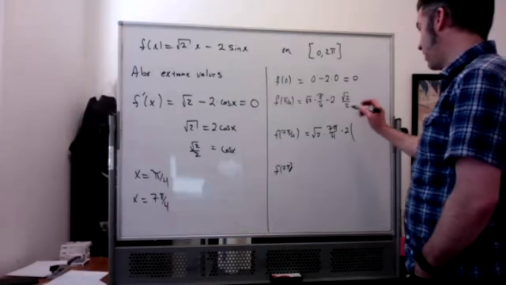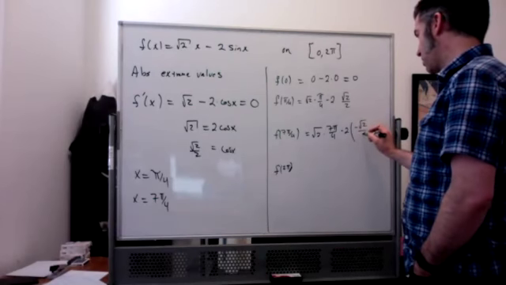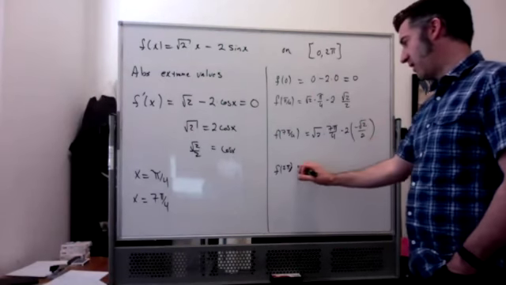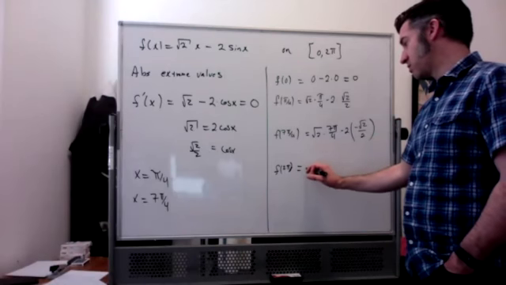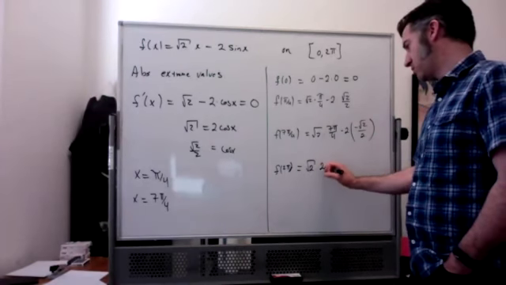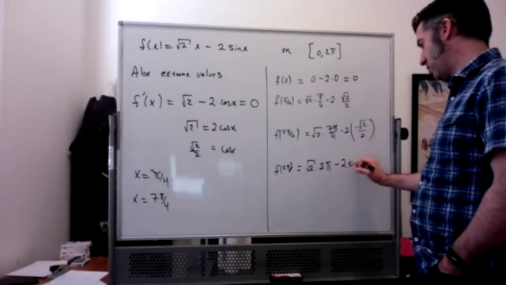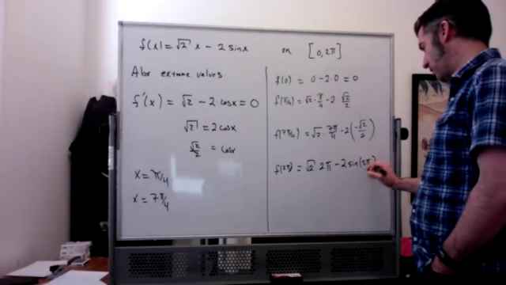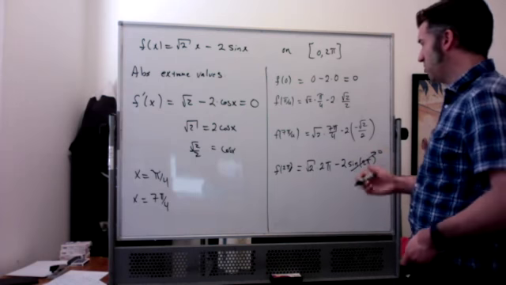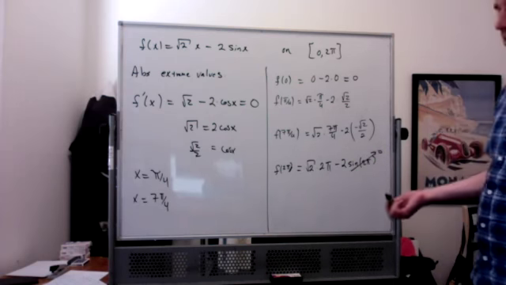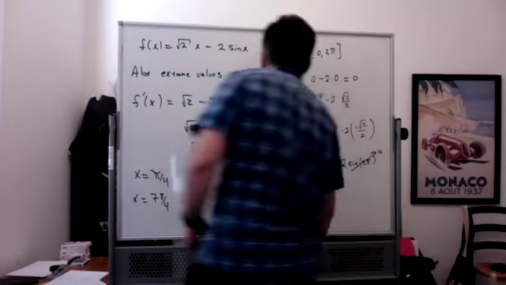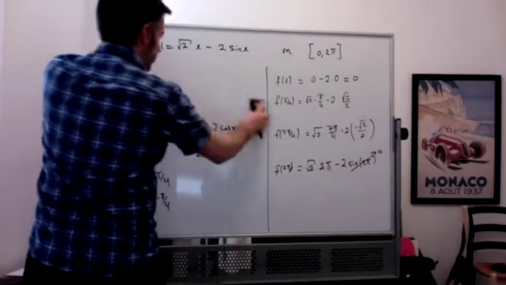So it's still the same value, except it's negative as we're in quadrant 4. Finally, f of 2 pi is going to be square root of 2 times 2 pi minus 2 times sine of 2 pi, but sine of 2 pi is 0, just like sine of 0 is 0. Oof. Okay, this is looking kind of gnarly. So let's do a little bit of simplifying.